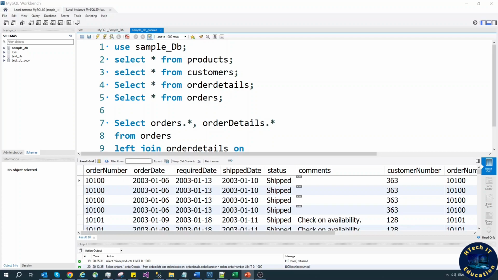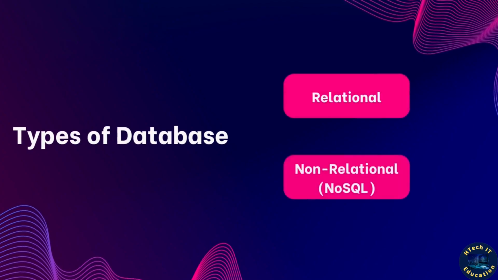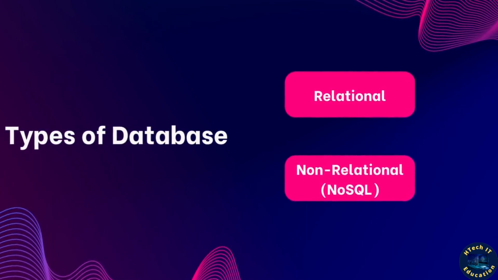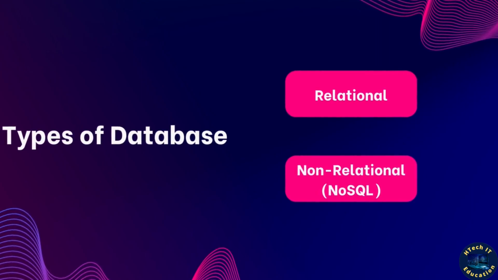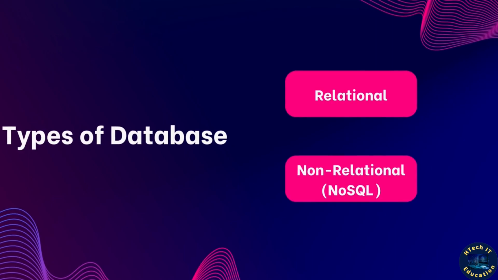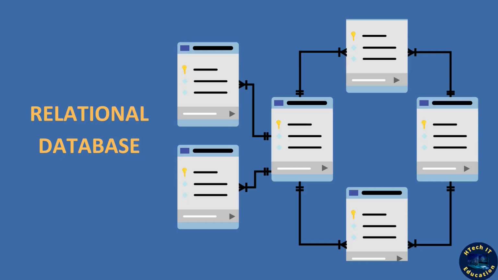Now, if we talk about the types of databases, actually databases can be a relational database and a non-relational database, or you can say NoSQL. It is also known as NoSQL. However, our course will focus on relational database.